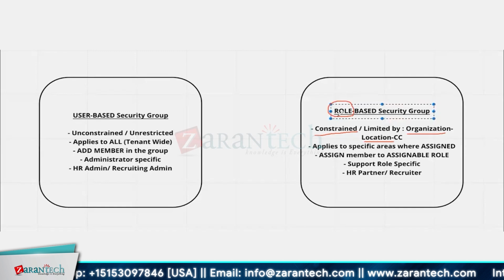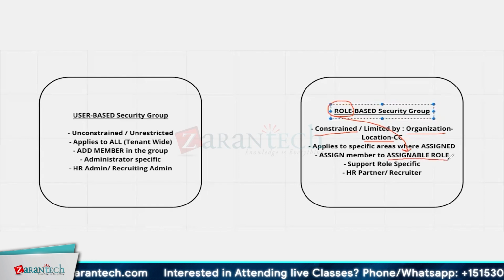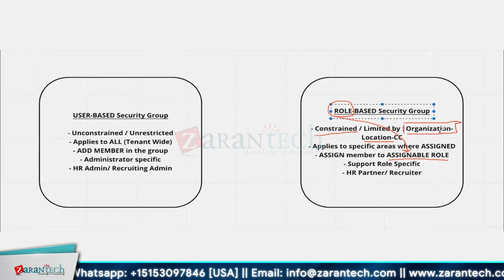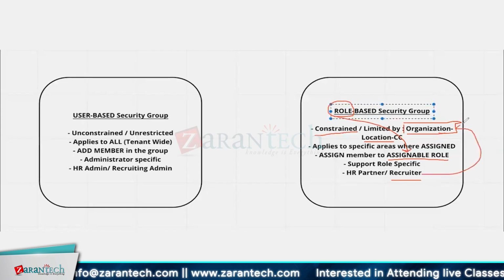And this role is called your assignable role. So recruiter will be an assignable role, which you assign at different organizations to restrict it. Let's say I assign this recruiter role at one of our organizations, let's say Velvet Director 2.